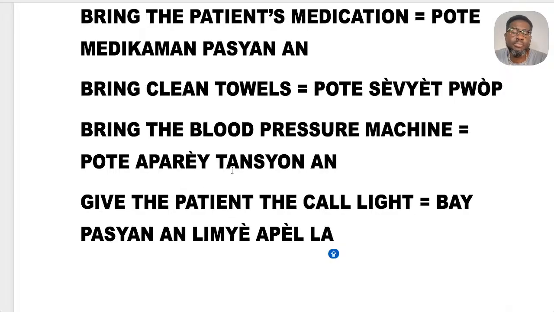Bring the blood pressure machine, pote appareil tension an, ou bien quel que soit l'autre appareil que nous connaissons. All right, so give the patient the call light, qui est très important. Bay patient lumière appel bouton, ok, s'il a besoin, really.